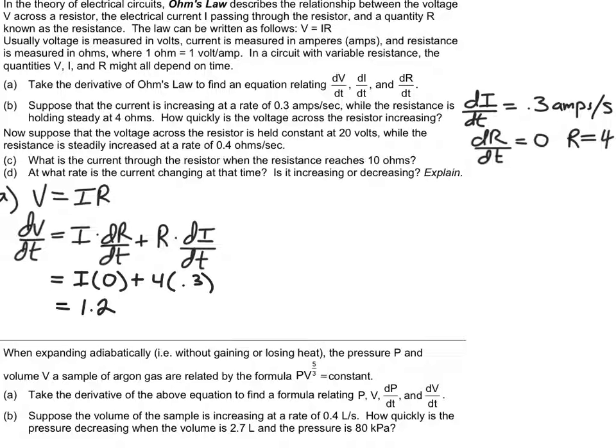Another way to handle it would actually be to just, alongside our calculations here, take note of the units. So I could just do that really quickly. The current is measured in amps.